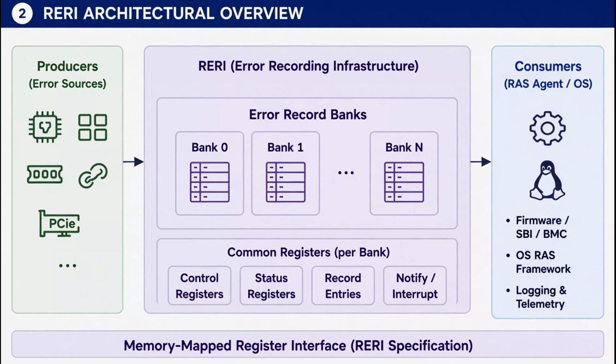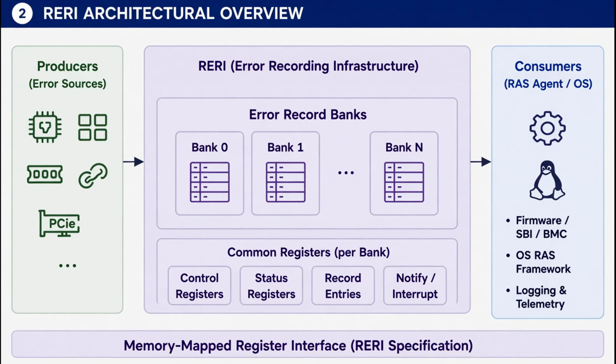Producers on the left, CPU, memory, PCIe, feed into the RERI error recording infrastructure in the middle, which is just a set of memory-mapped error record banks, numbered 0 through n.